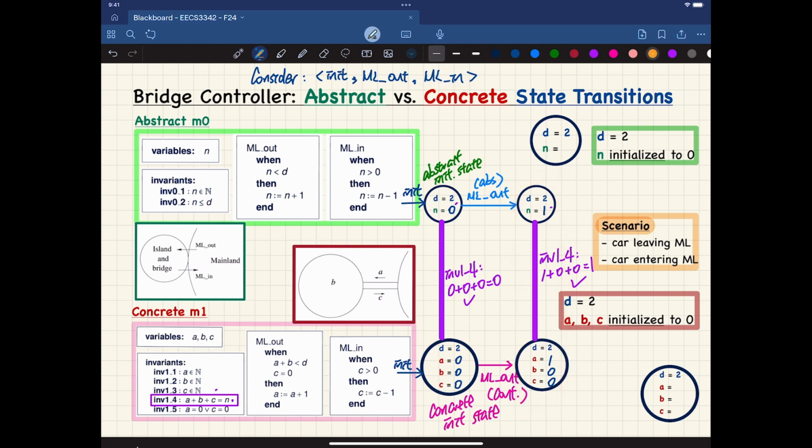So the remark will be: for each concrete transition, there is always a corresponding abstract transition.